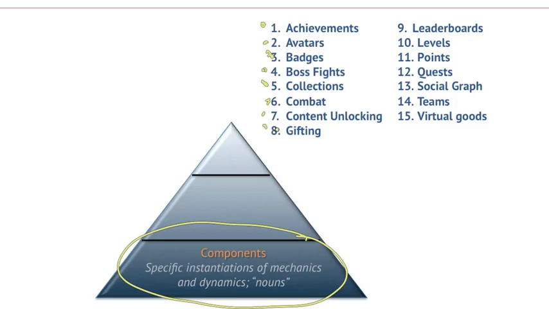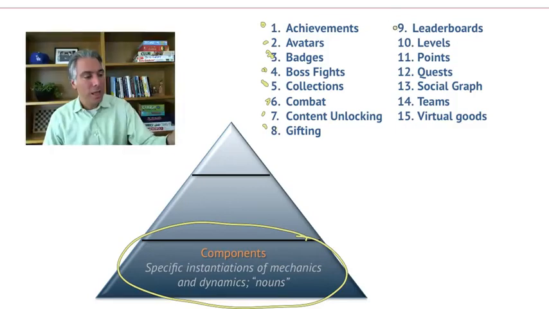Gifting, altruism: giving things to other people can actually make people want to play the game more because it feels like fun. People feel good about giving to others. Leaderboards I'll talk about more, but lists of players in order of their score. Levels and points should be fairly obvious, but again, I'll talk about them more in a second.